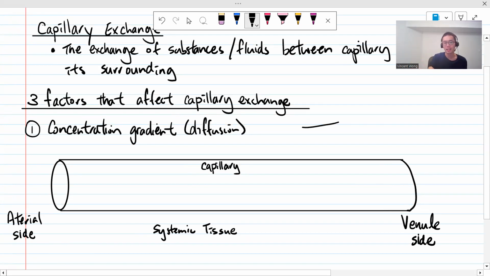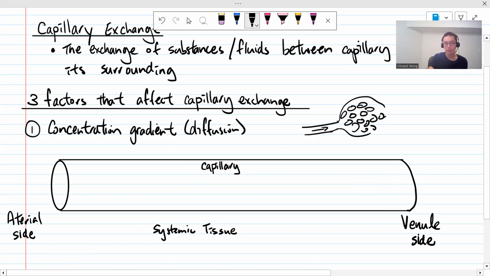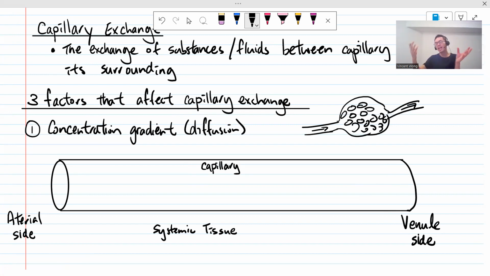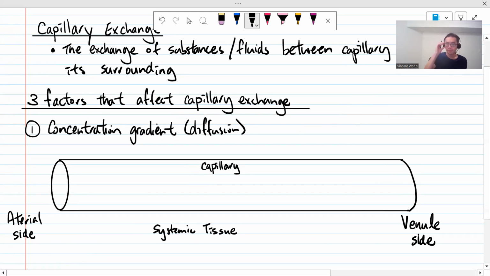In reality, you will have the artery side coming in, and then the capillary is going to open into a network, like we saw in the picture. It's more like, when you buy fruit, sometimes it comes with that little styrofoam net, right? That's what a capillary is like. It's a network, it's a web. But for simplicity, because that's very difficult to draw, I'm just going to keep it as a tube. Okay.